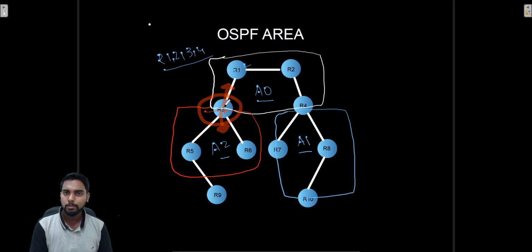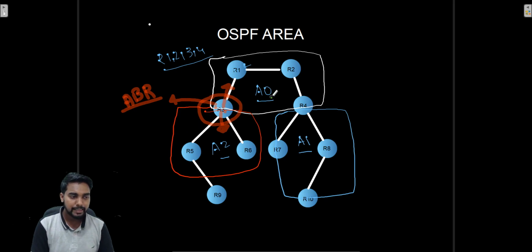So usually these routers should have more processing capabilities than the routers within an area. Usually such routers should be of high capacity and high processing power. A router in OSPF which connects a non-default area with a default area, or basically is a part of the default and a non-default area, is termed an ABR, which is called an area border router.